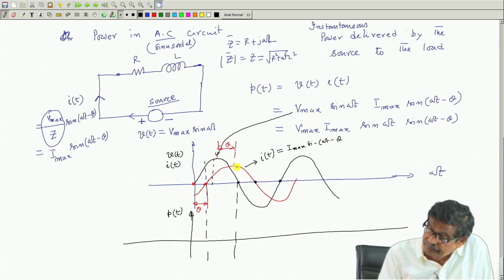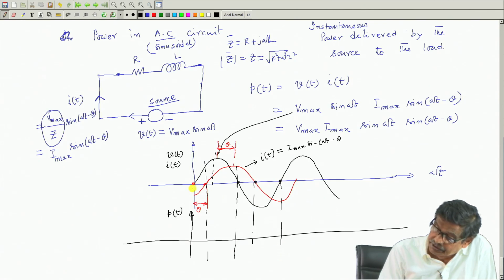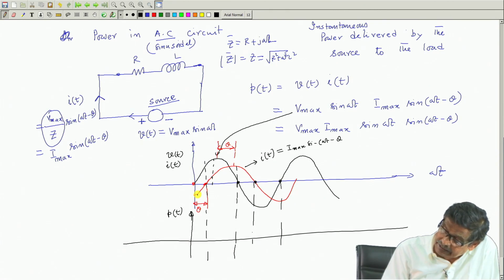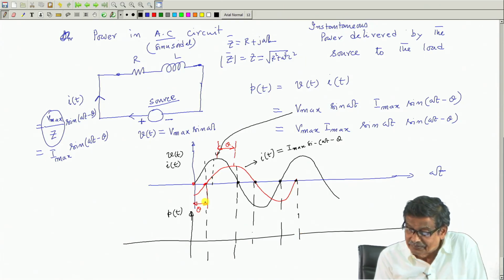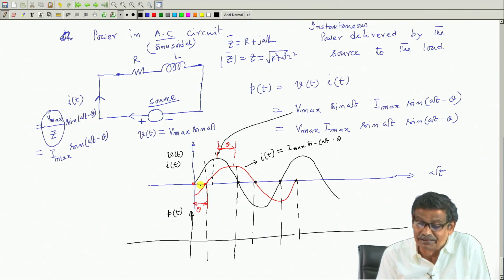Got the point? So, what I have done? In the voltage waveform, wherever there is a zero crossing, I have marked with bullets. Similarly, for current, wherever zero crossing, I have marked with bullets. Now, during this interval, voltage is plus and I t is negative.